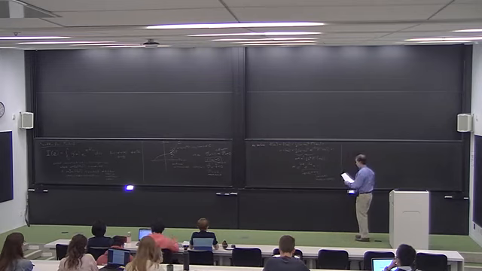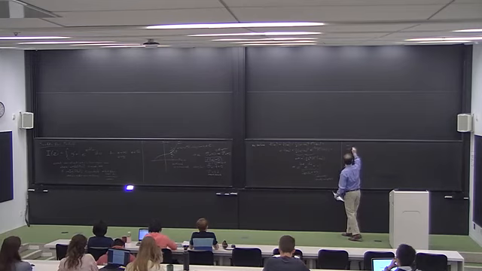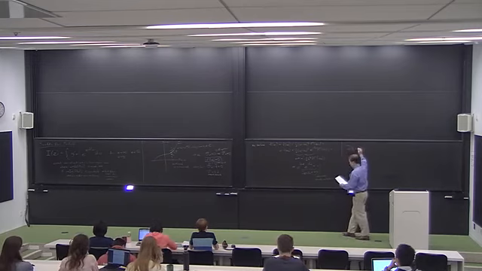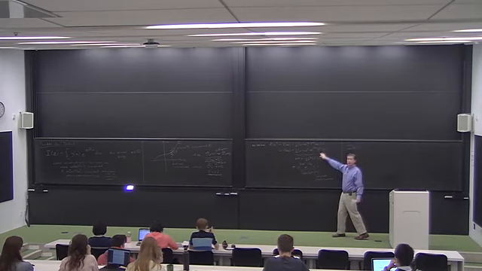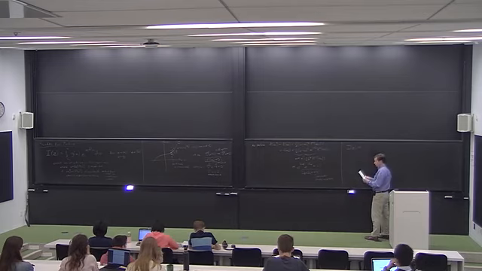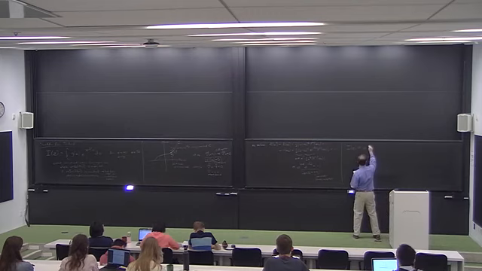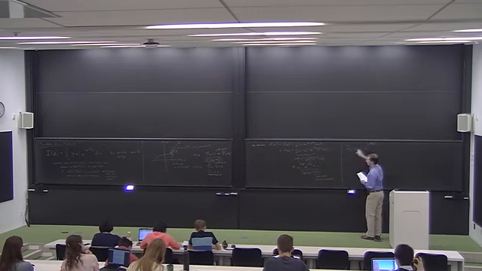Okay, so let's plug this Taylor expansion in to I. What we get here is e^{z f_0}. That's just the first term, the overall phase.